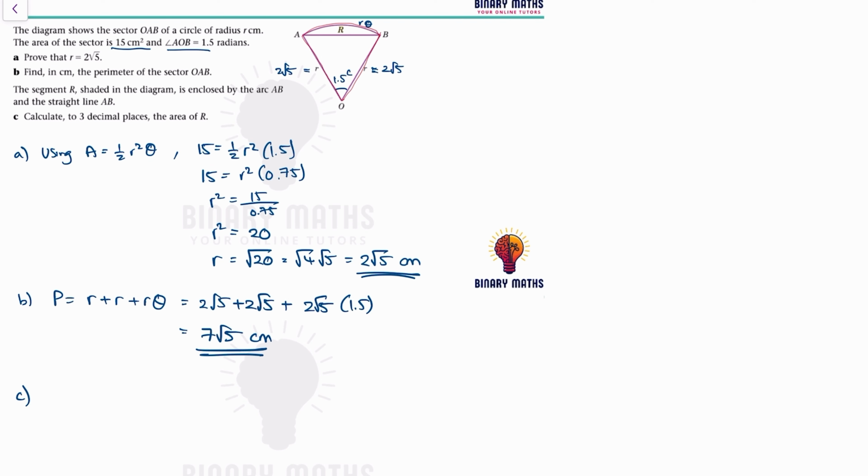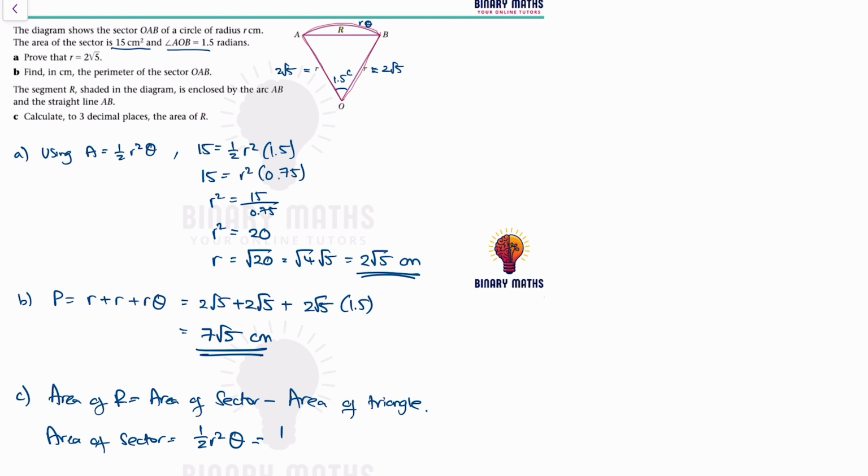The segment R shaded in the diagram is enclosed by the arc AB and the straight line AB. Calculate to 3 decimal places the area of R. So the area of R is area of sector take away area of triangle. Area of sector is equal to half r squared theta, which is half 2 root 5 squared times 1.5, which gives me 15.